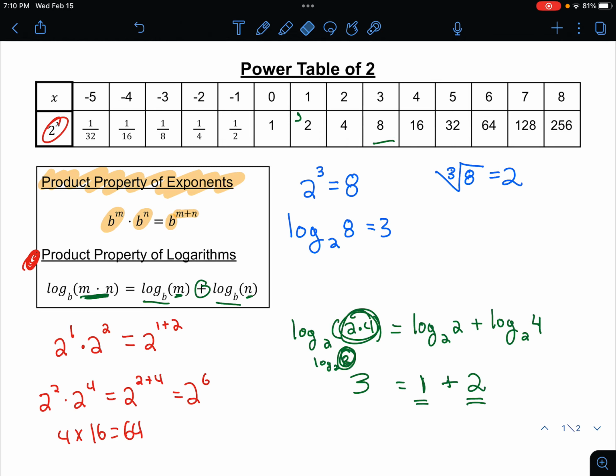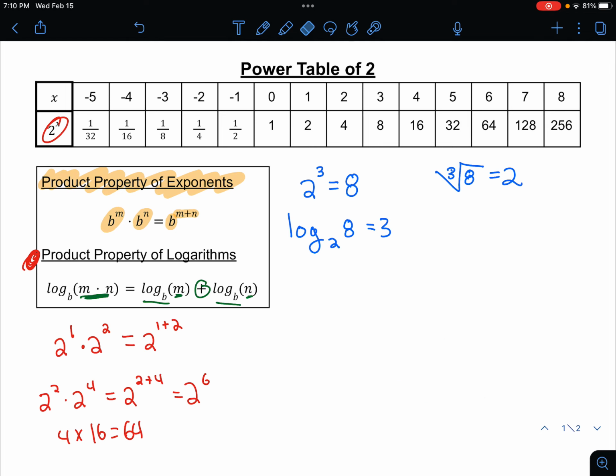So if I want to go on my power table, and pick some different numbers, I want to do, for example, log base 2 of 4 times, say, 16. Okay. Well, our product property of logarithms tells us this ought to be the same as log base 2 of 4 plus log base 2 of 16.